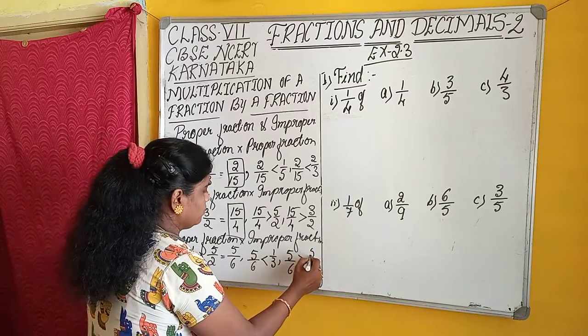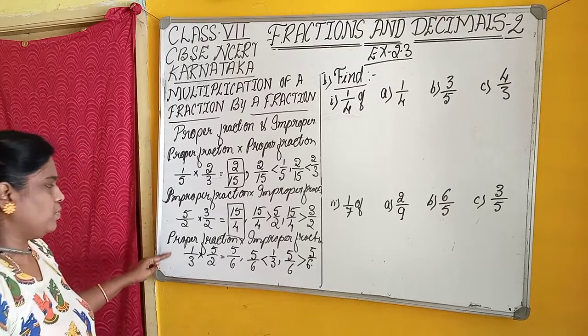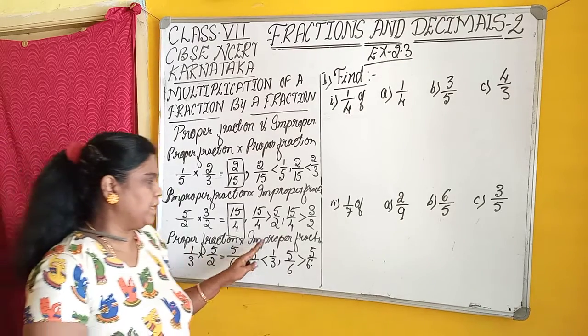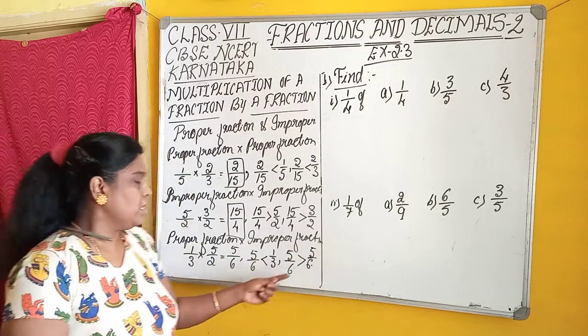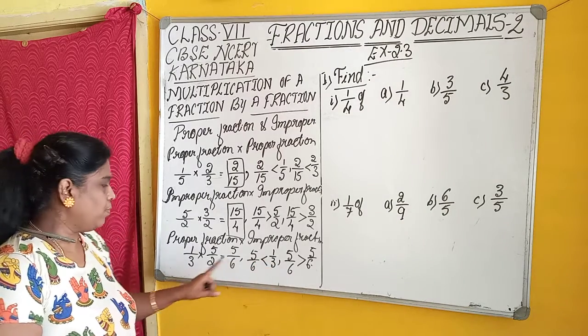Students, what happens when a proper fraction is multiplied by an improper fraction? Their product is less than the improper fraction.